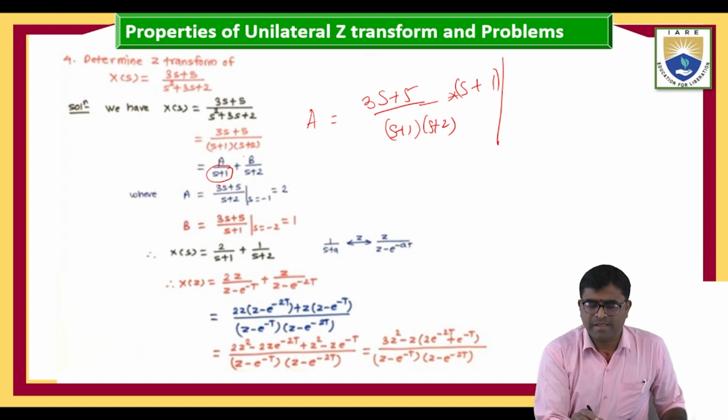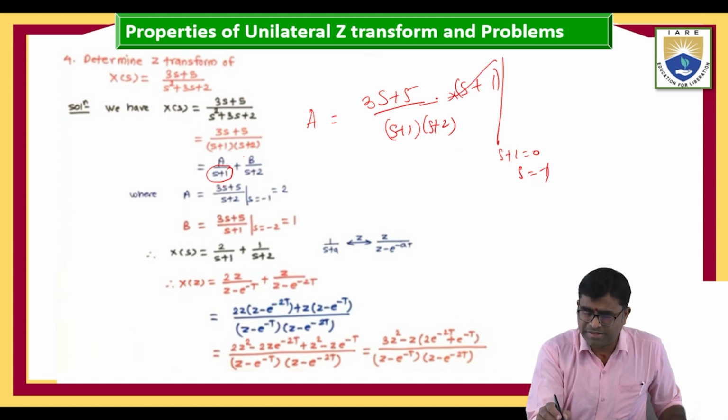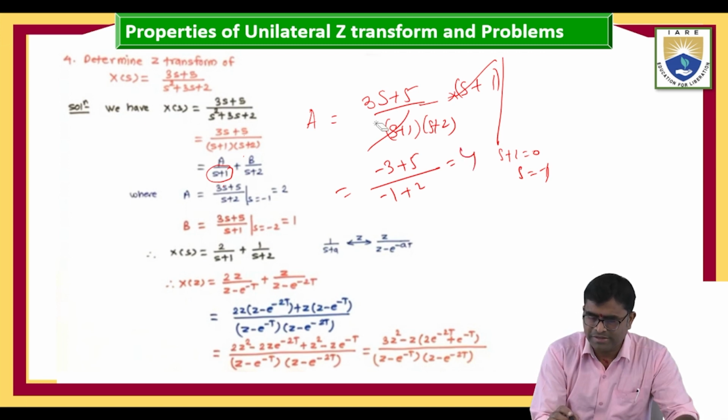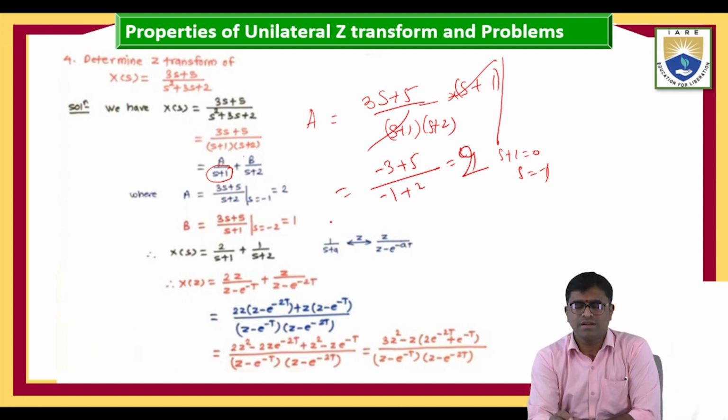Here s plus 1 equal to 0, so s equal to minus 1. Substitute s equal to minus 1, and here s plus 1 cancels. It is minus 3 plus 5 by minus 1 plus 2. It is coming as 2 by 1. We got the A value, 2.